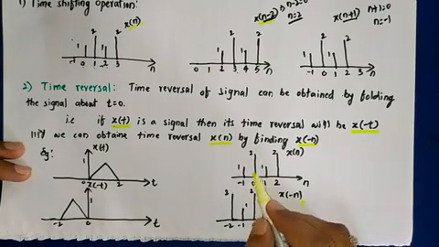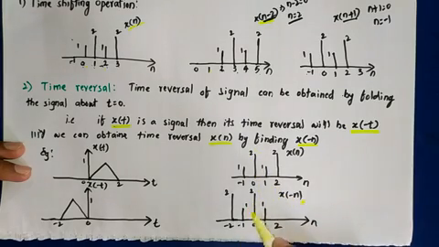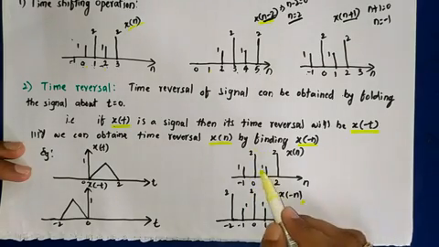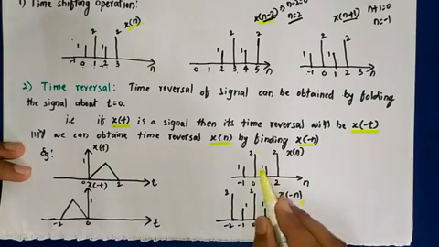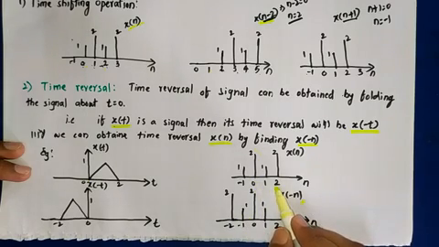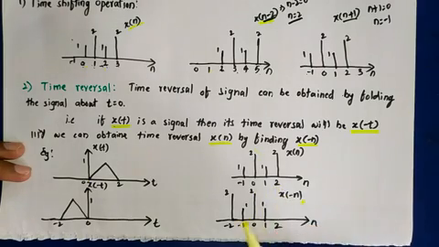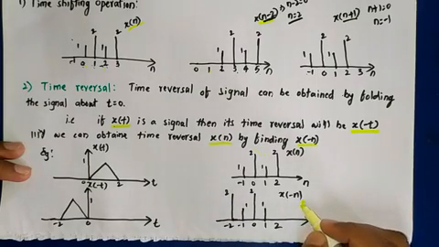At 0 I have 2, again at 0 I will get 2 only, because the negative of 0 is 0 only. At 1 I have 1, so it is positive 1 of n, and making it minus n, it becomes minus 1. At minus 1 I will get 1, and in the original signal I have 2 at 2, so making it minus, at minus 2 I will get 2. So this is x of minus n.